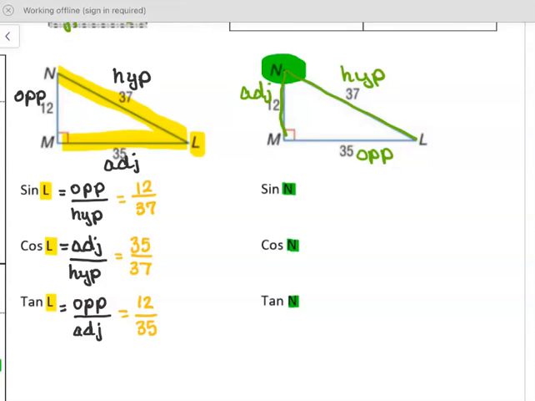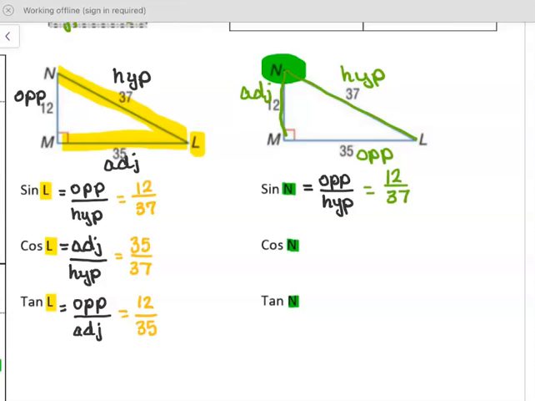Now our fractions, let's see how they are affected. My sine is still the opposite side divided by the hypotenuse. But notice that this time the opposite was 12 and the hypotenuse was still 37. Uh-oh, that's not right.